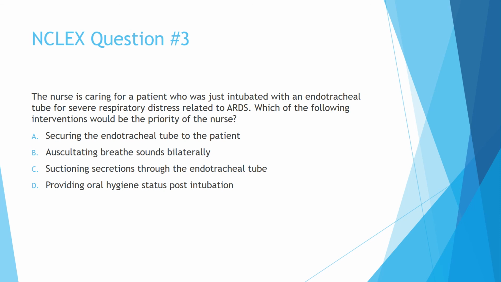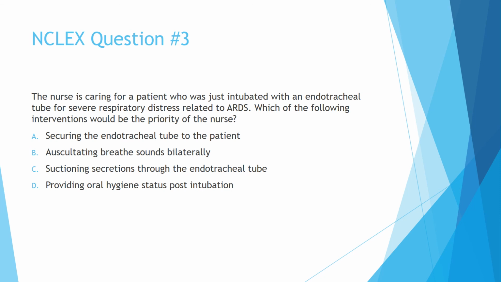The nurse is caring for a patient who is just intubated with an endotracheal tube for severe respiratory distress related to ARDS. Which of the following interventions would be the priority of the nurse? So the priority would be B, as in boy.